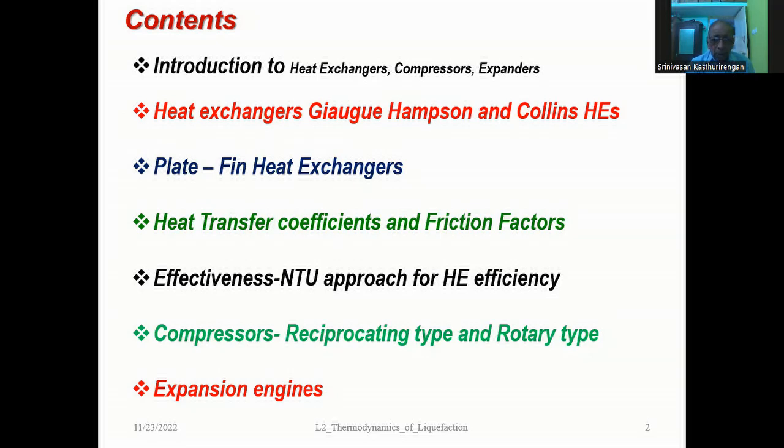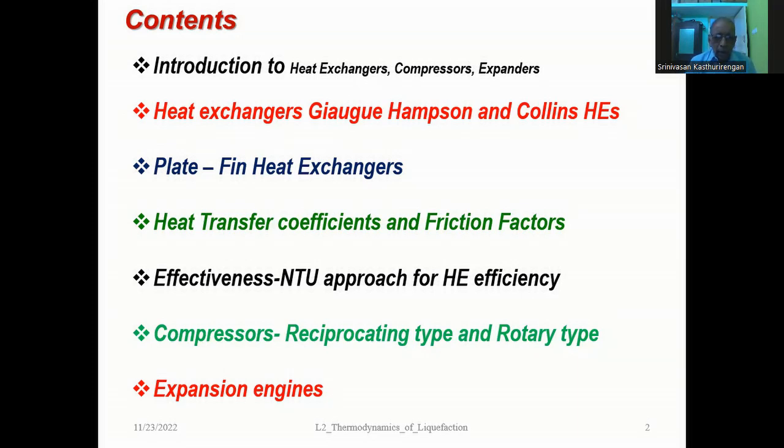The compressor is required to raise the pressure of the system from ambient or atmospheric pressure to whatever value you would like to have. The expanders are those which are useful for carrying out adiabatic expansion so that the gas can get cooled. So you are able to produce low temperature of the gas.